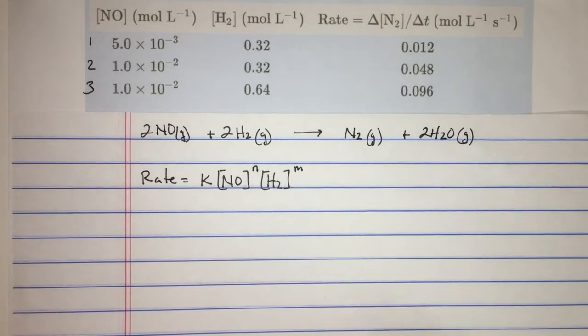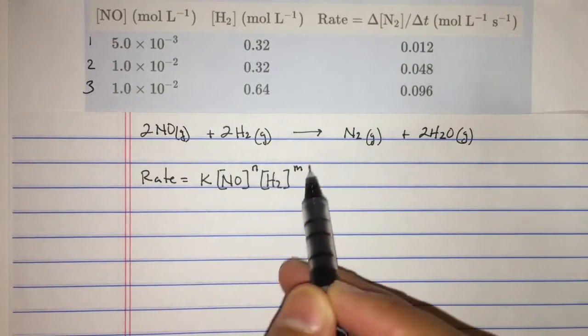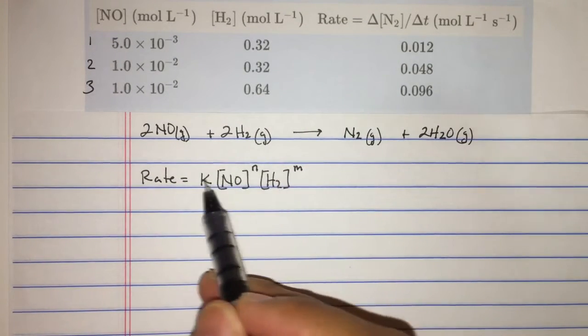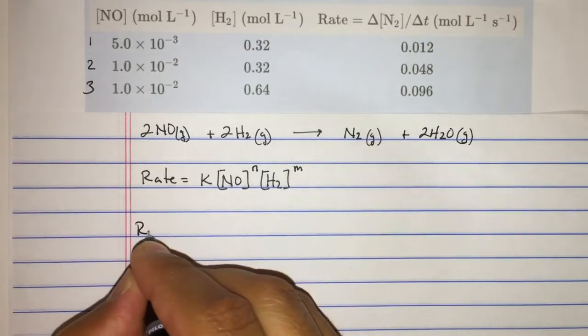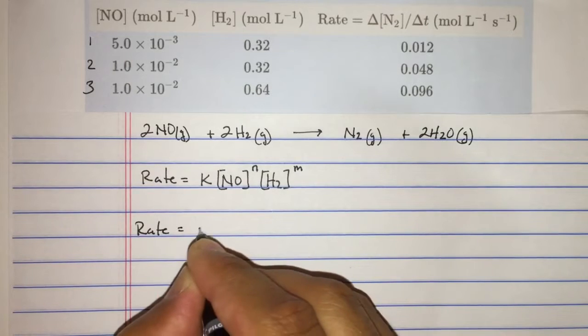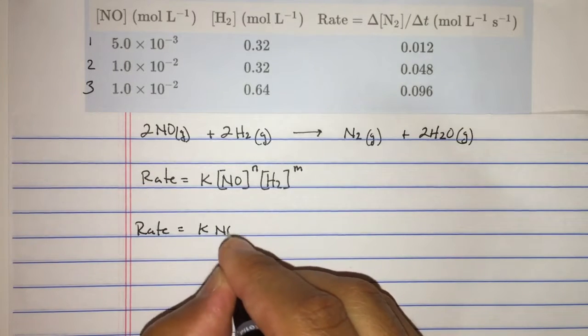So the way we're going to solve the rate law is to solve the orders first. And remember, we're going to use the method of initial rates. That means we're going to take a ratio of rate laws for the different experiments.